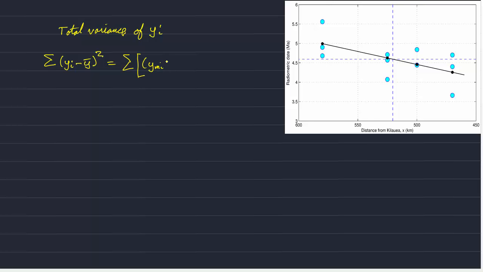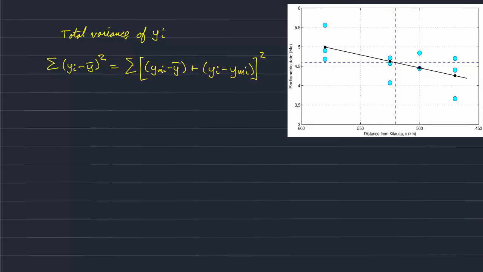We have a model minus the mean plus each data point minus the model value at each point. We've just simply added this model function into our equation for our total variance. As you can see, we're now describing the total variance as a part due to a deviation of the regression from the mean plus a deviation of each data point from the regression.